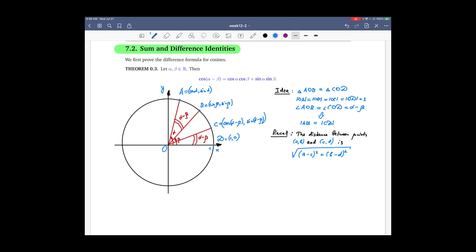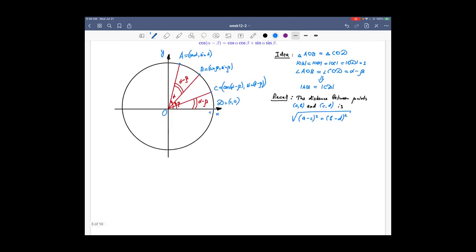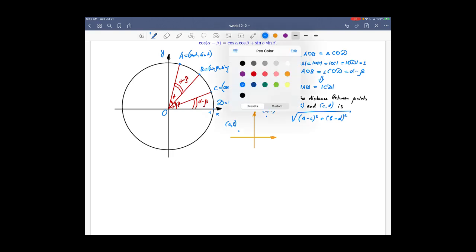If you're a little rusty on where this comes from, we can quickly remind ourselves how this formula is obtained. Say we have a coordinate plane, 2 points, and this here is the distance between them.